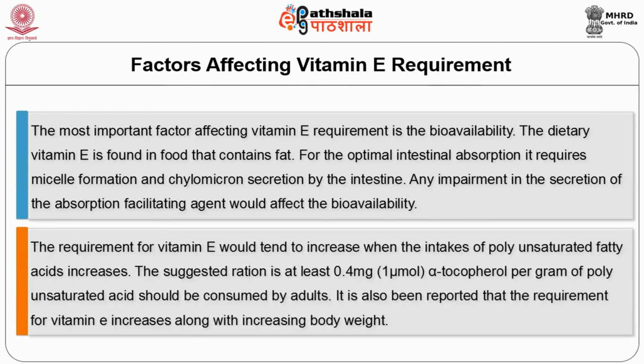The requirement for vitamin E would tend to increase when the intake of polyunsaturated fatty acids increases. The suggested ratio is that at least 0.4 mg alpha tocopherol per gram of polyunsaturated fatty acid should be consumed by adults. It has also been reported that the requirement for vitamin E increases along with increasing body weight.